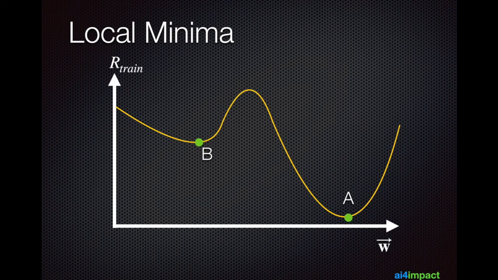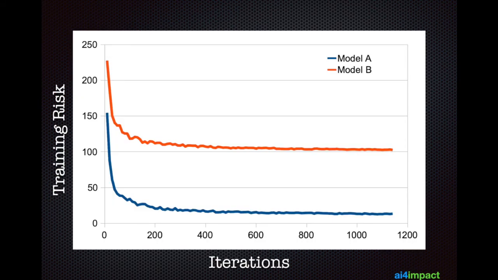This is called the problem of local minima. If we had started near a point B, for example, then the training using gradient descent would not give us a lower minima, in this case A. Gradient descent can get stuck at local minima. Let's compare two models A and B and view their training risk as they change over time.